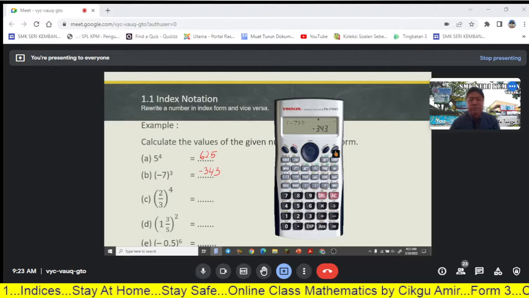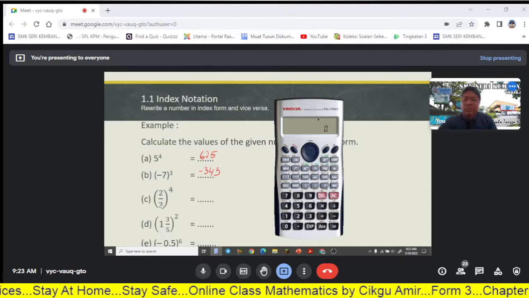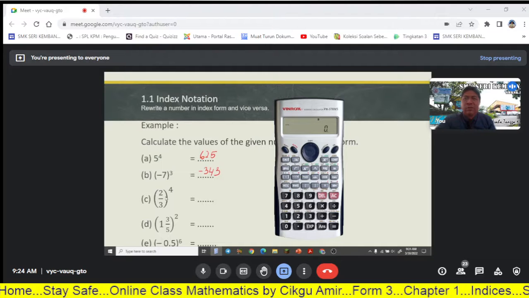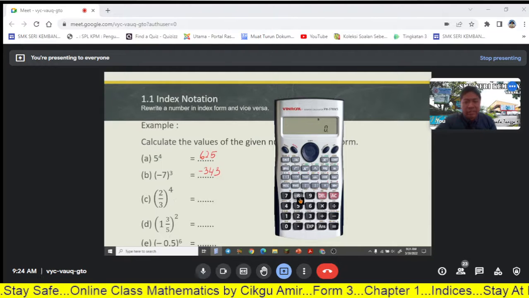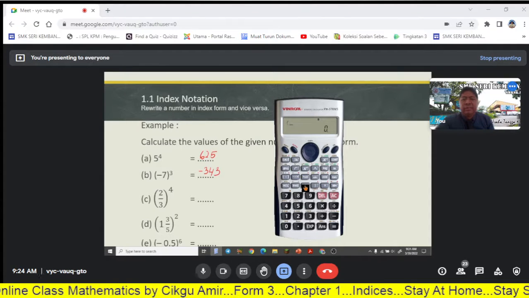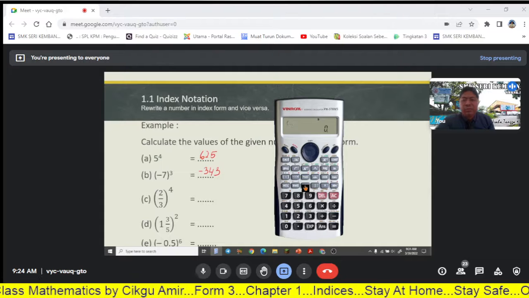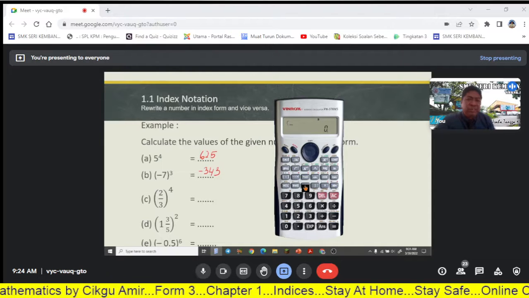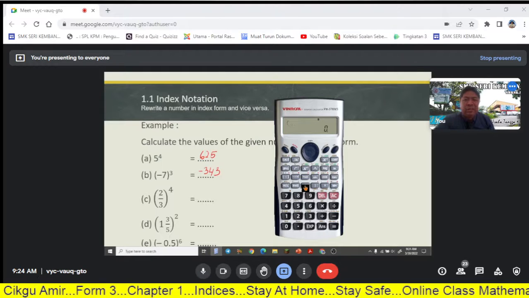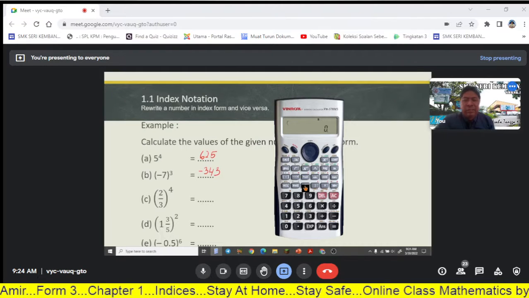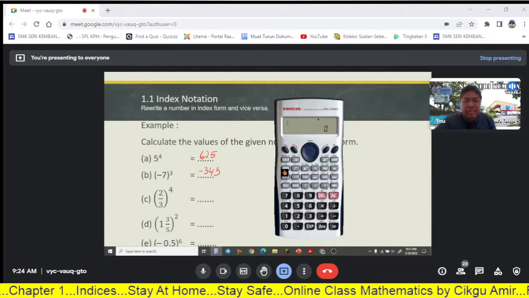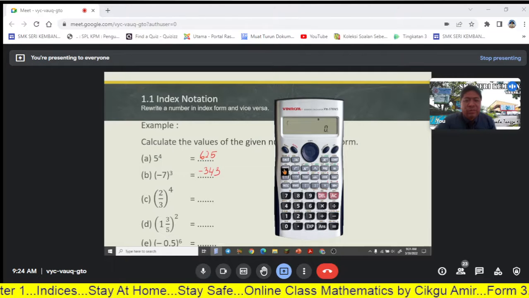The third one, 2 over 3 to the power of 4. Open bracket. 2 over 3. How to do a fraction in the calculator?